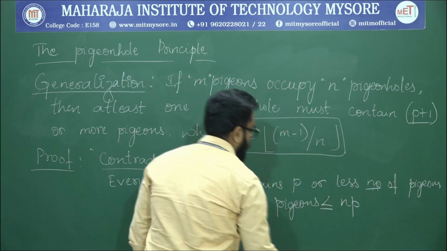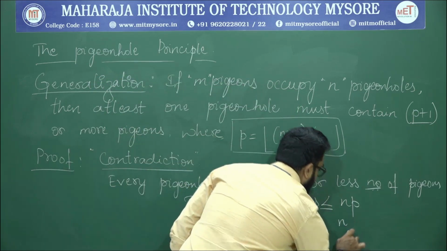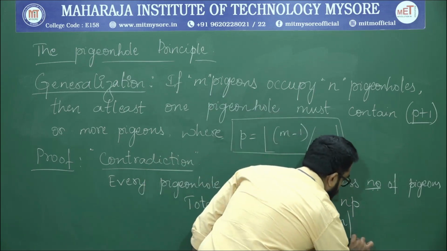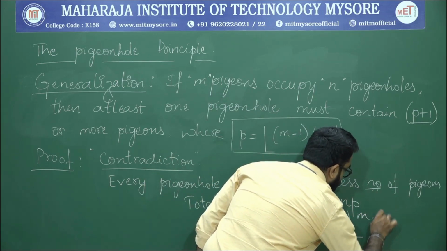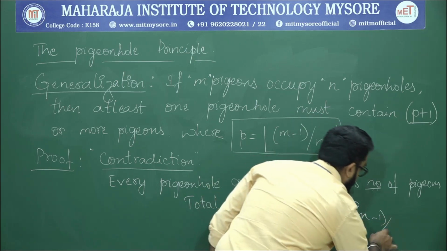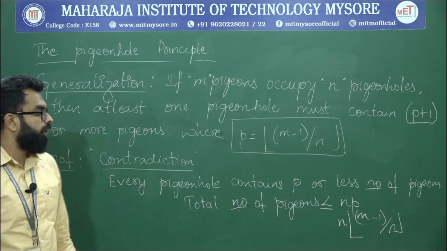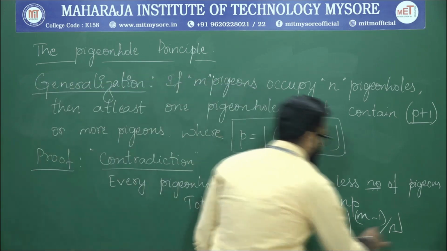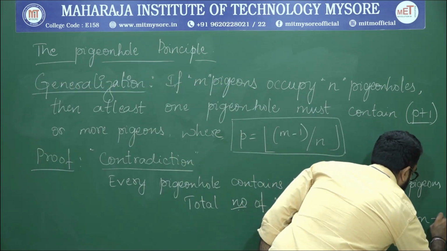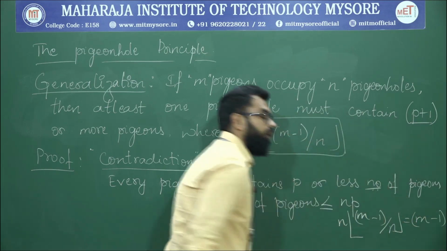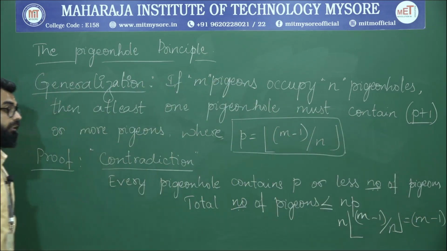So by substituting p with the given expression, it is (m minus 1) divided by n. On simplifying that, what do we get? We get m minus 1.